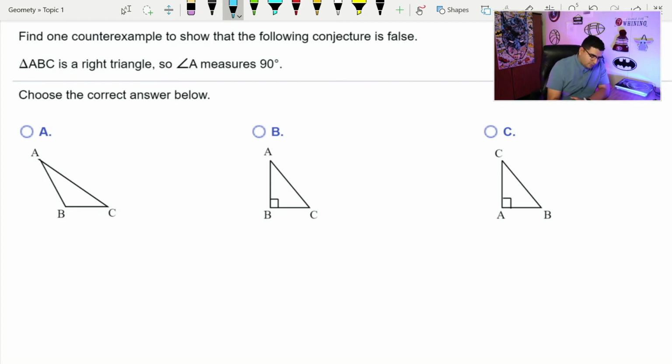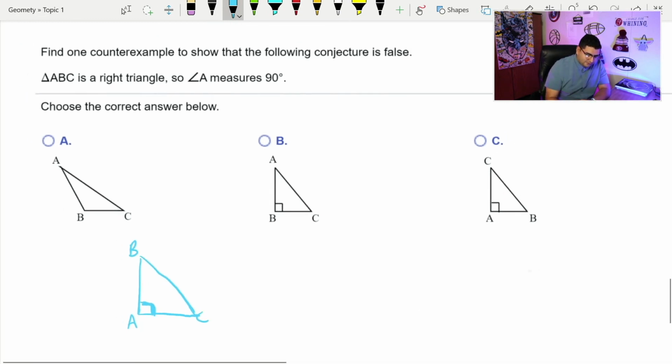For those of you that don't know, a right triangle is a triangle that has one 90-degree angle. So the conjecture is saying that if triangle ABC is a right triangle, angle A will always measure 90 degrees. So we need to find an example that proves that wrong.